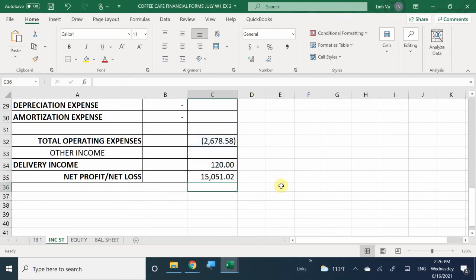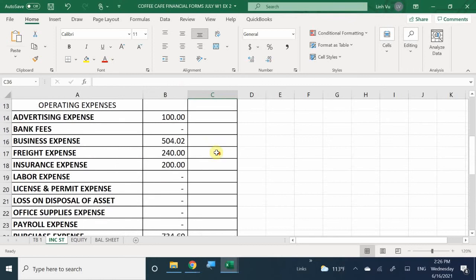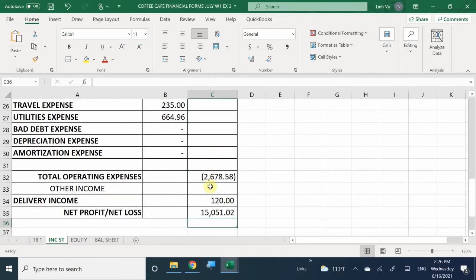Yes. Right. In this case, I'm not obligated to use equal sum because I can just simply add the three numbers, right? I'm going to add my gross profit and add it to my negative operating expenses and then add my delivery income and I would get the same thing. You're not obligated to have to use the equal sum if you can't get the number, right? You could just click on the cell and press the add button and it will work just the same.